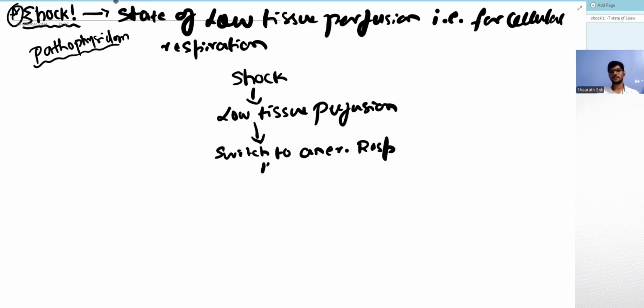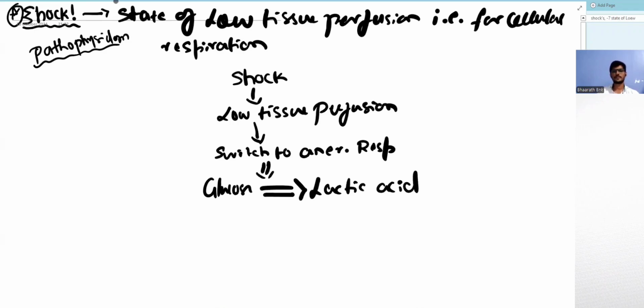They ferment the glucose, and because there is no oxygen, the glucose is converted to lactic acid. By anaerobic respiration, the number of ATPs is far less, around 2 ATPs only. Yet somehow the cell survives on these 2 ATPs. But as a byproduct of anaerobic respiration, lactic acid is produced.